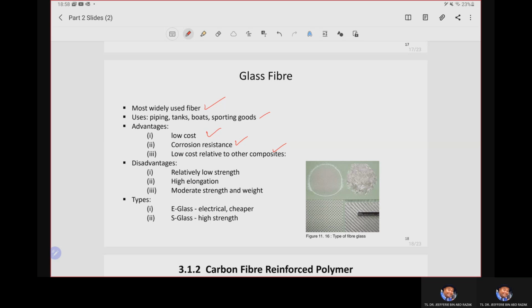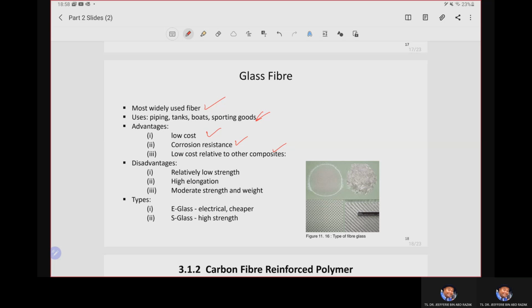However, glass fiber also possesses some disadvantages which limit its usage, such as relatively low strength in comparison to carbon fibers or aramid fibers, high elongation, and moderate strength and weight.